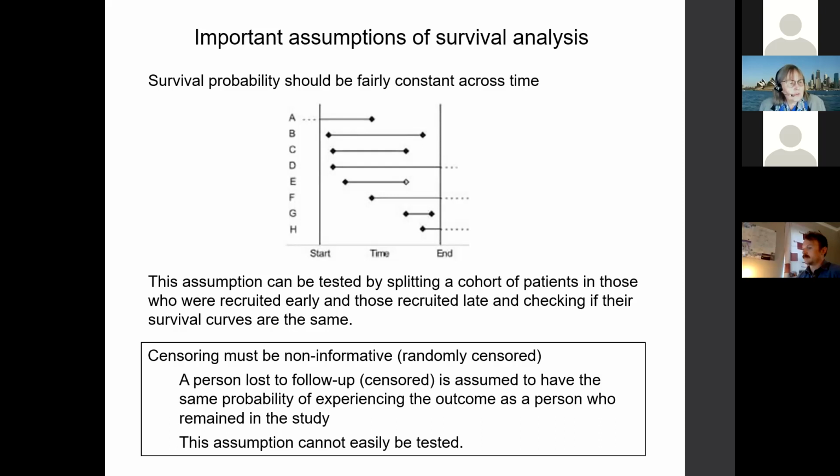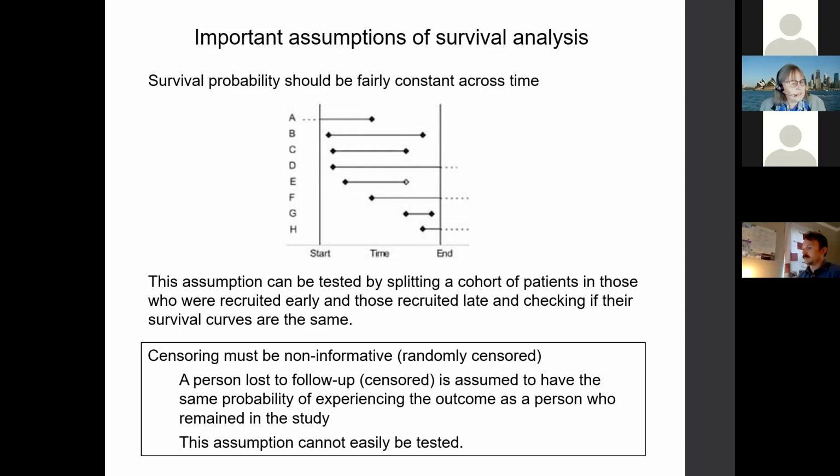So you hope that the survival probabilities for people enrolling in the study is the same for these people as it is for these people. And you can test that by splitting your analysis and looking at people who enrolled early and seeing if you get the same result as those who enrolled late.